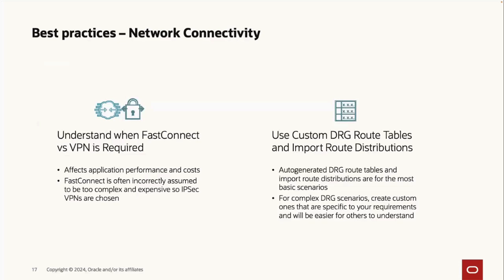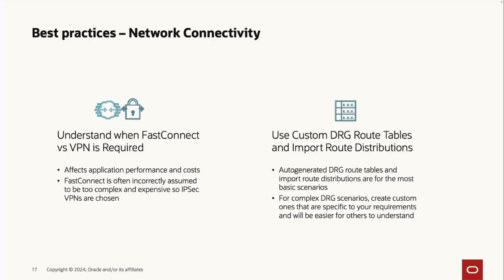And then the last one here, very similar to the default route table and security lists that I talked about earlier. When you provision a DRG, you're also going to get these default DRG route tables and import route distributions.